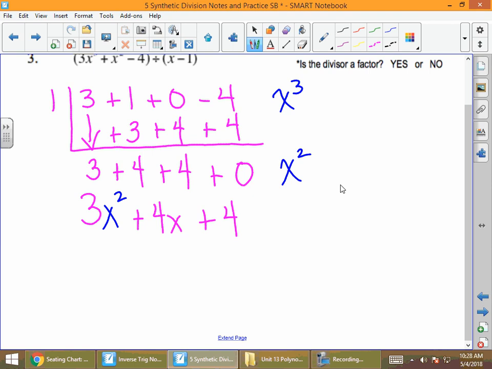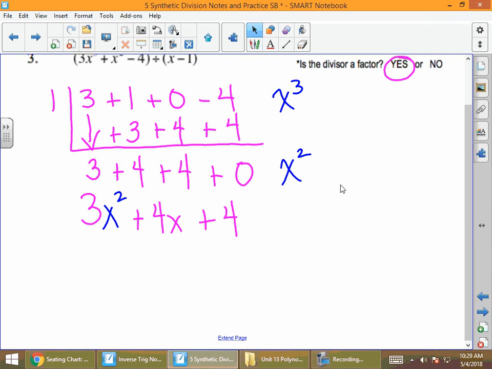We ended with 0. So is our divisor a factor? Yes, because the 0 is where the remainder would be. So x minus 1 is a factor.